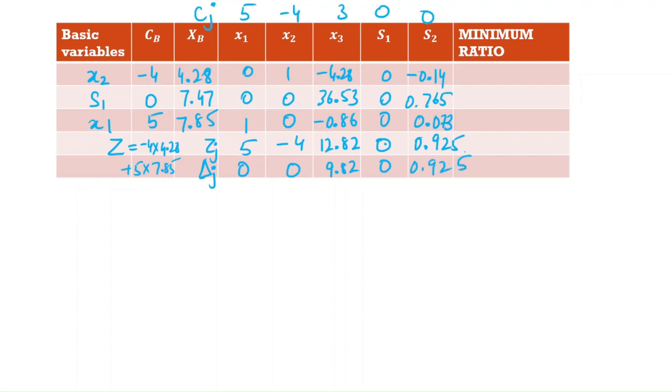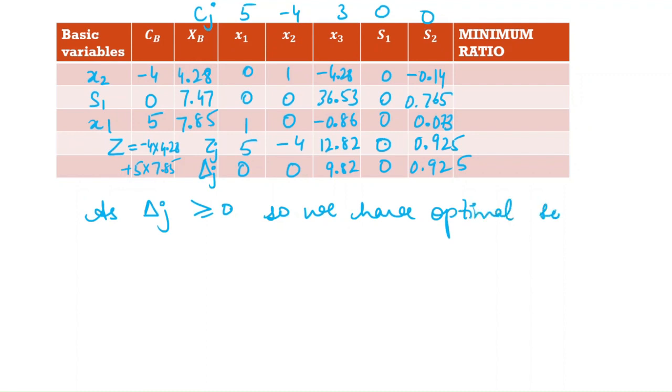Now as we can see here, all the delta j are greater than or equal to 0, so we have the optimal solution in phase 2.